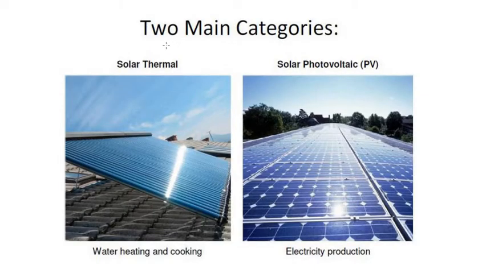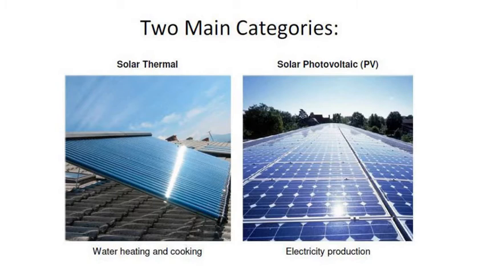Now there are two main categories available in solar energy. First one is solar thermal energy and second one is solar photovoltaic PV energy. Solar thermal is a mechanical engineering topic and solar PV is an electrical topic.